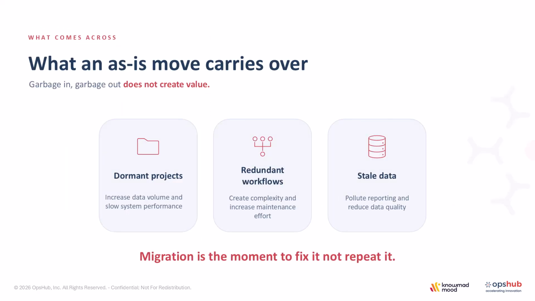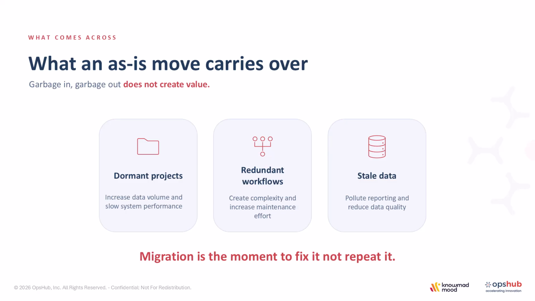Okay, and the other important thing is that you should take the time to really review what you have, because if you just migrate, you probably are going to migrate a lot of things that you don't want in the to-be scenario, in the new platform. So you better take the time to eliminate what is not needed: the dormant projects, redundant workflows or different versions, because that's something that happens. You keep 3 versions of the same workflow because there's always some reason which is sensible over time, but it's not sensible to migrate.